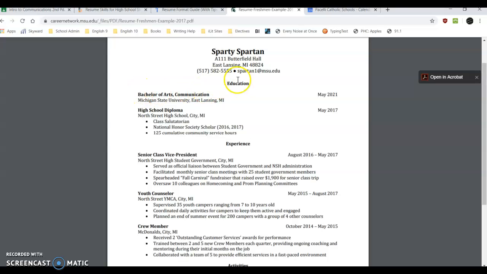So again, you have your major category. So they're talking about their education. They are highlighting their major accomplishment with that education. But you notice underneath, they say they got a Bachelor of Arts in Communication. They say where they got it from and where that college or school is. So Michigan State University in East Lansing, high school diploma, North Street High School in a city in Michigan.